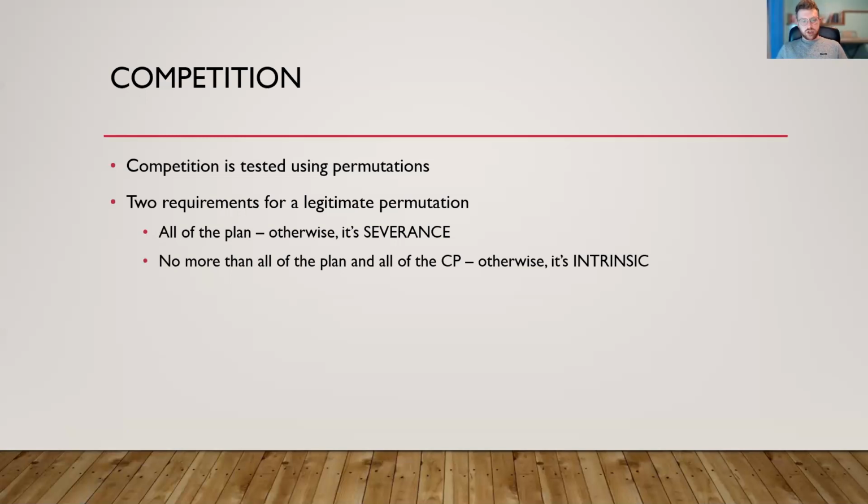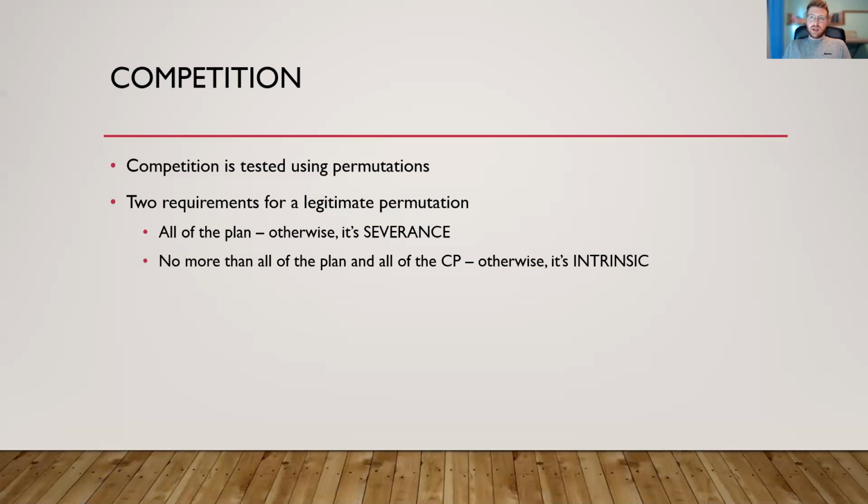So there's functional severance, there's functional and textual severance, and there's functional and textual intrinsicness. All it means is how you're determining whether the perm meets these requirements. A functionally intrinsic perm would be a perm that includes functions that are not in the plan or the counterplan. A textually intrinsic perm includes text that is in neither the plan nor the counterplan.